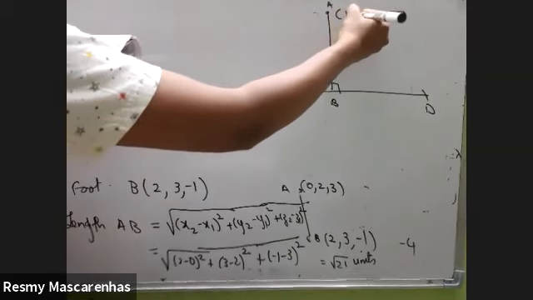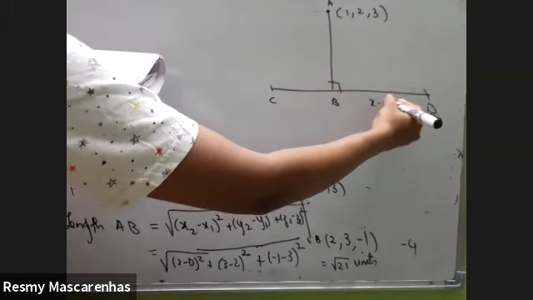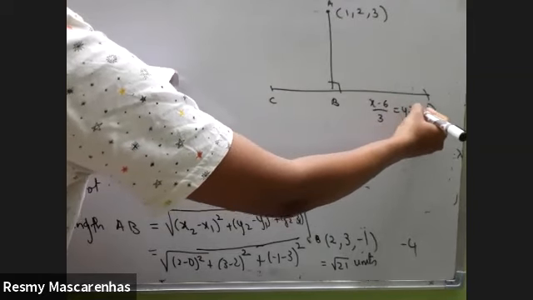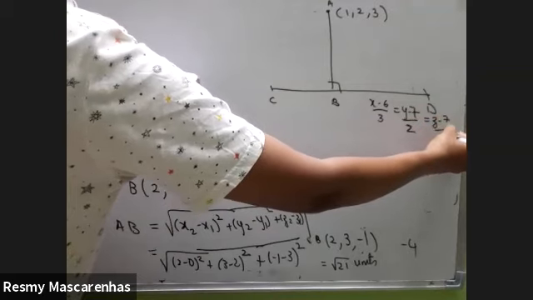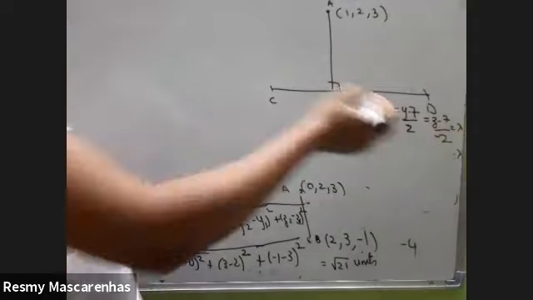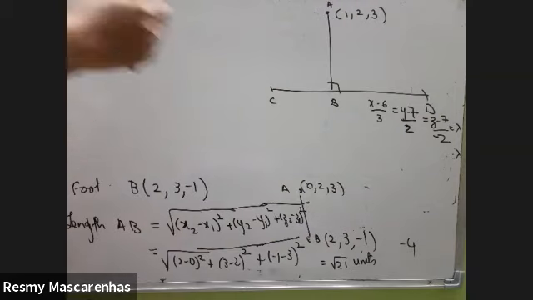So this is 1 comma 2 comma 3, and this line is equal to lambda. Coincidence it became like steps.